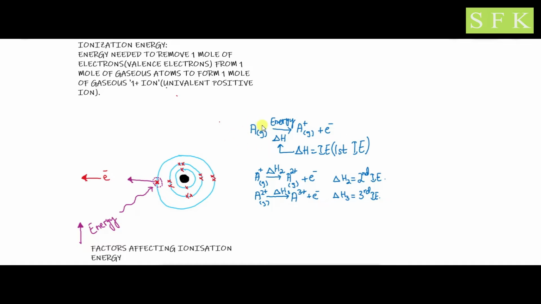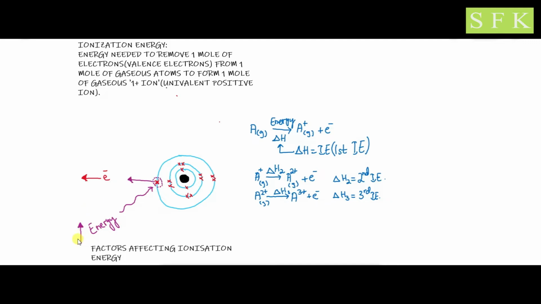Now let's take an example of a gaseous atom A. Assume this to be some element in the gaseous state. If we provide it with enough energy, one of its valence electrons will absorb that energy and get excited to a higher energy level.